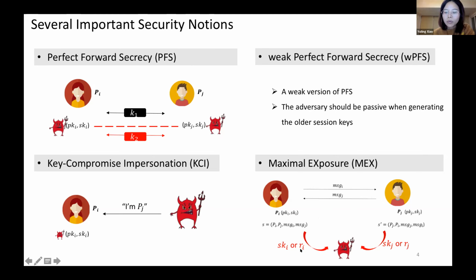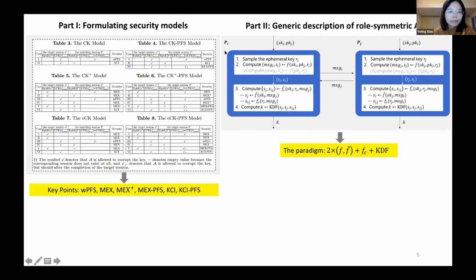The ephemeral key is also known as the randomness. We formulated the existing security models as in these tables by exhaustively classifying key secret leakages. In each model, they can be classified into a security notion we mentioned before.